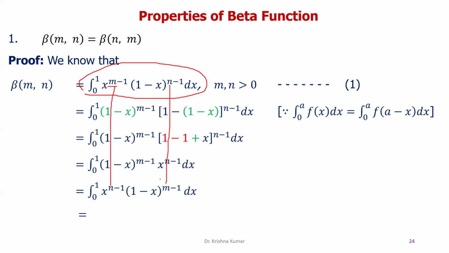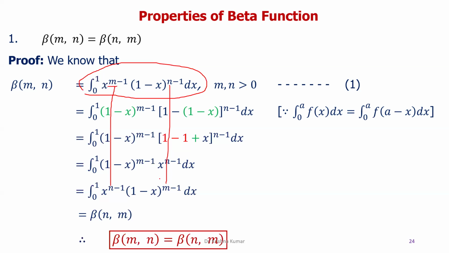So we can write beta of n, m. Hence beta of m, n is equal to beta of n, m. So there is no need to be confused about whether to write m first or n first. We can interchange m and n anywhere. This is the very basic property of beta function.